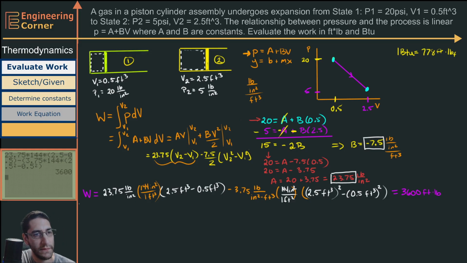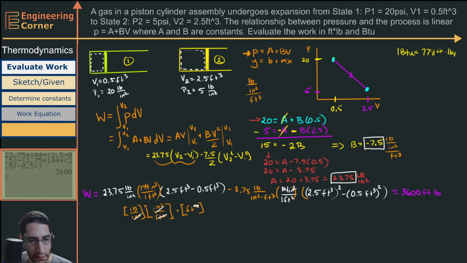foot-pounds. And let's just verify this from a unit perspective. So we have right here pounds over inches squared, and we have inches squared over feet squared, and then we're multiplying by feet cubed. All right, so what happens? These go away.